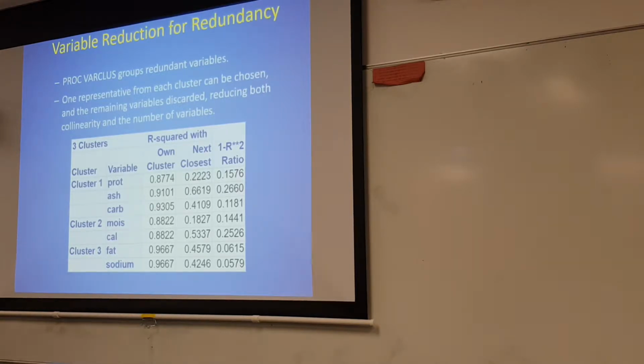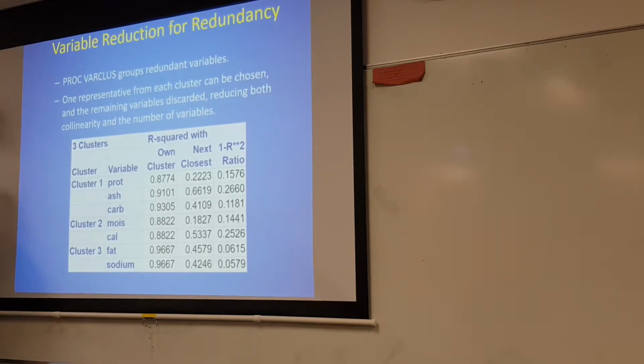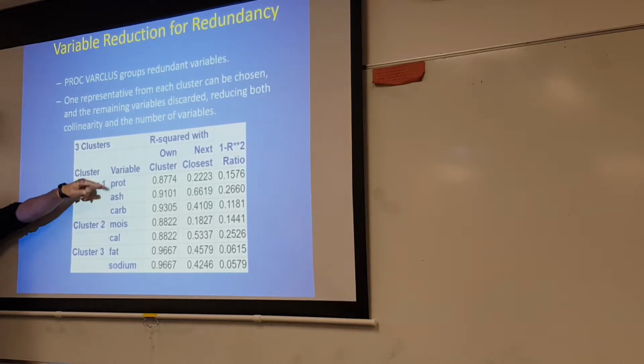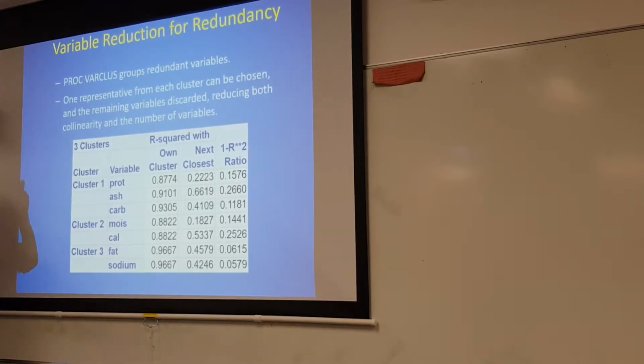What is your factor in a factor analysis? Is it a single variable? No, it's not, right? It's like a PC. It's a combination of your other variables. So in a factor analysis, you're not choosing a single variable, you're defining a latent variable and saying, hey, look, these guys here, protein, ash, and carbohydrate, I'm trying to come up with something that signifies what these things are.